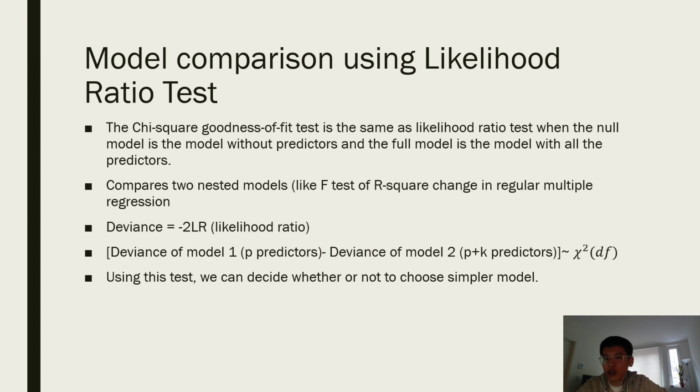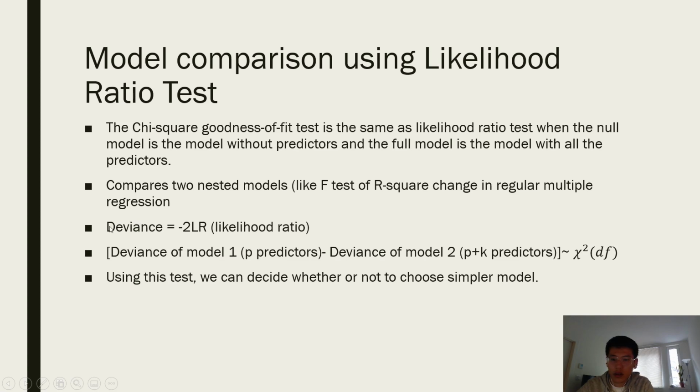We are comparing two nested models, and here the model comparison is sort of like the F test for R square change. If you think about testing for interactions, it's like two nested models, right? We're doing similar things here as well.